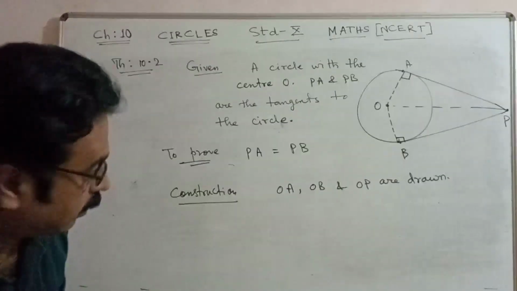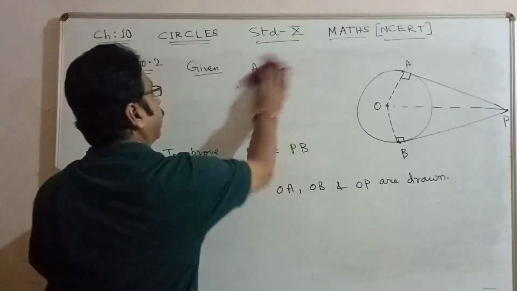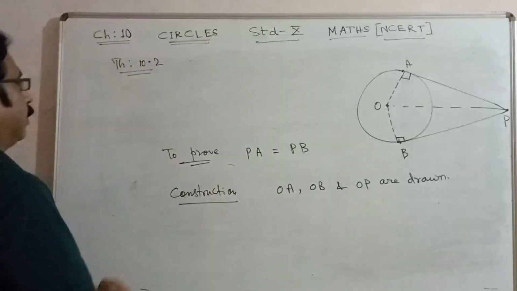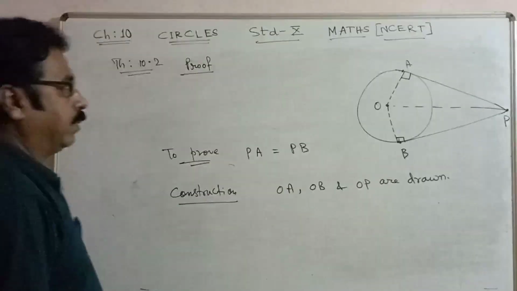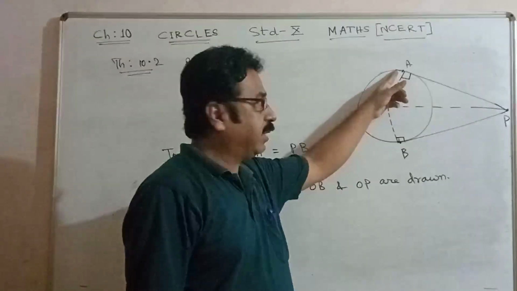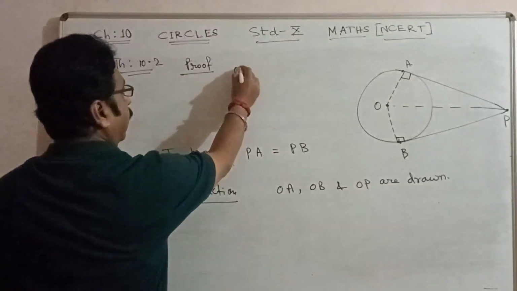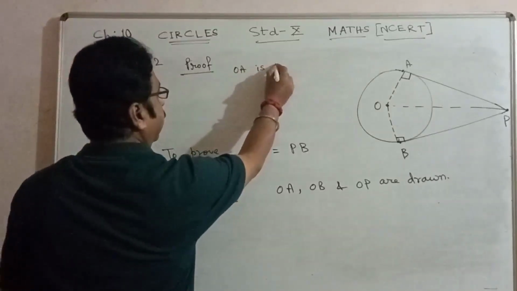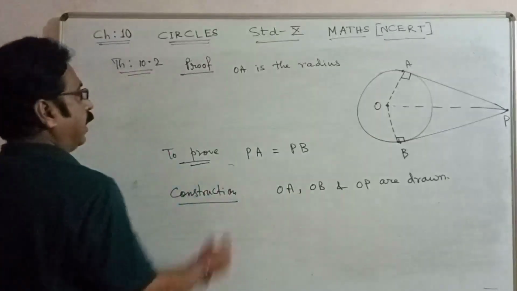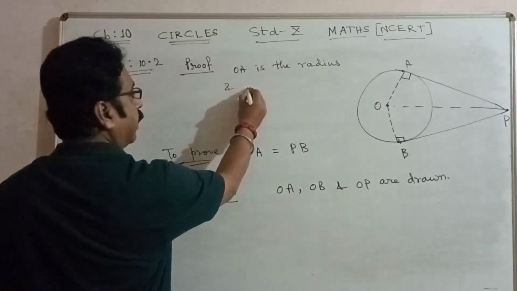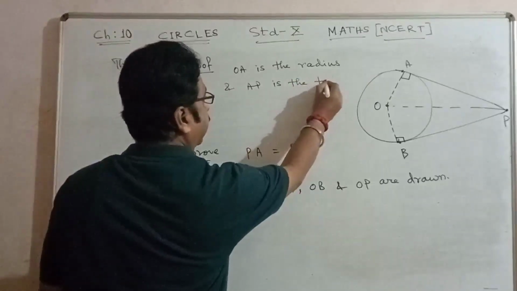Now proof. OA is the radius and AP is the tangent.